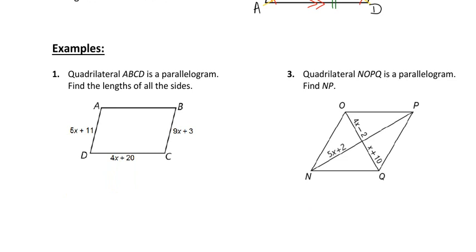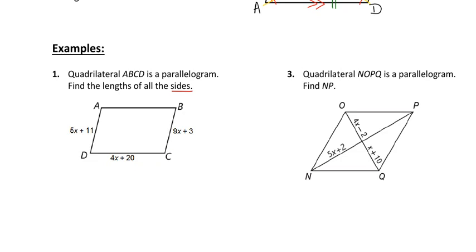So in number 1, it says quadrilateral ABCD is a parallelogram. It must be a parallelogram, so you can use the properties. Find the lengths of all the sides. So we are dealing here with sides, and we're supposed to be finding the lengths of all the sides.